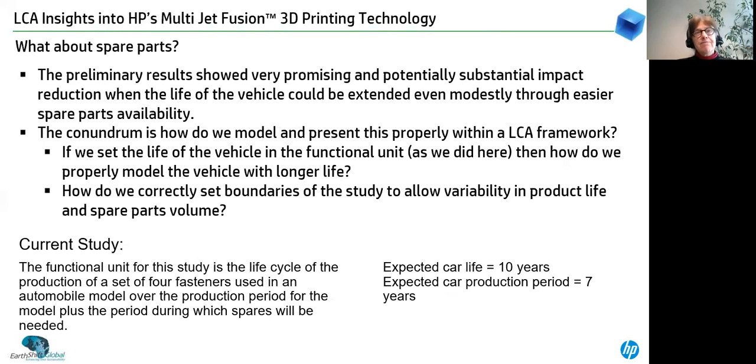And this was something that we did look at putting some boundaries on, but it was something that HP didn't really want to share the results with publicly because they didn't feel like it was robust enough at that point. You know, if our functional unit is one vehicle, how do we really look at a longer life for that vehicle? So I think this will be something we may explore in the future, but it's quite an interesting thing to look at.